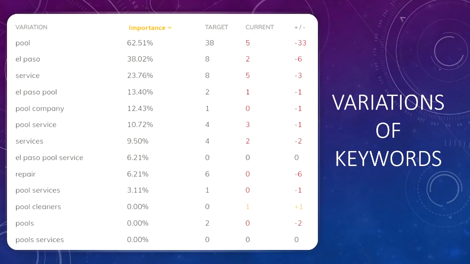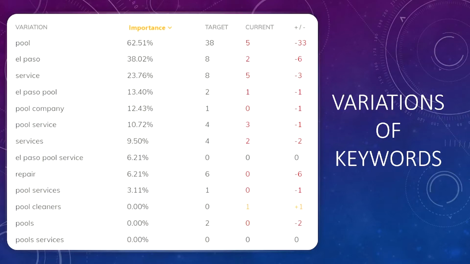All right, so I use Page Optimizer Pro to find out what variations of the chosen keyword I want to rank for, and also for the LSI words I should target for the web page. So these are the variations of the keyword pool service for a specific website.